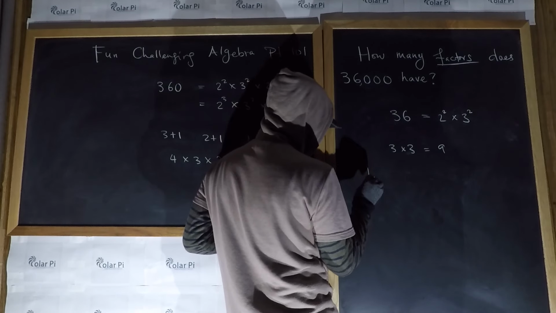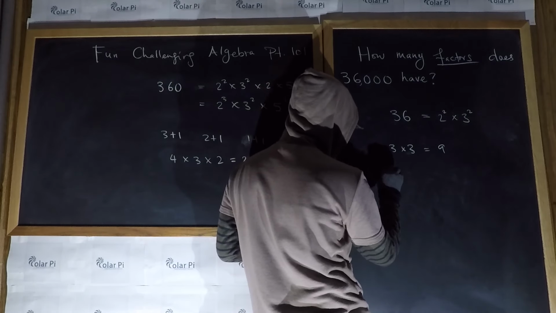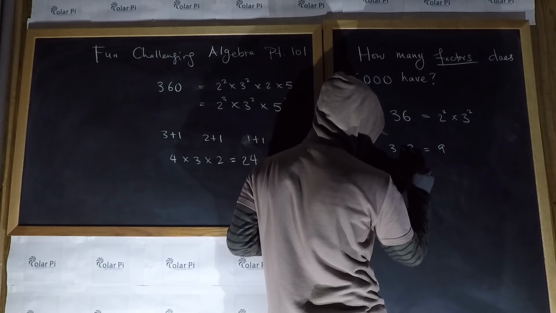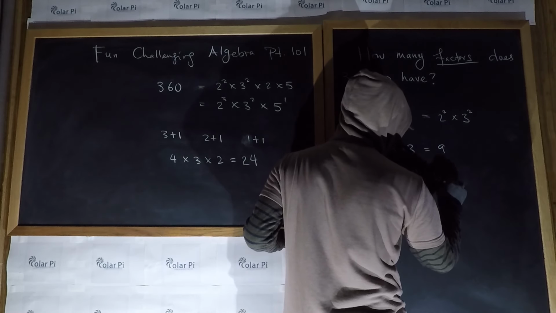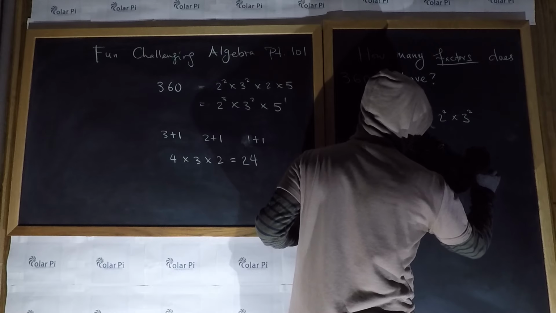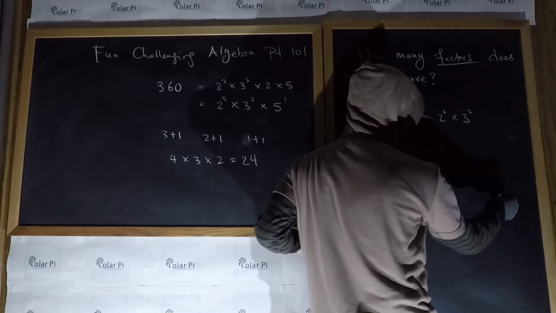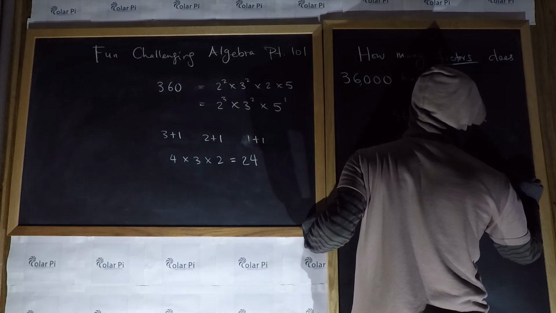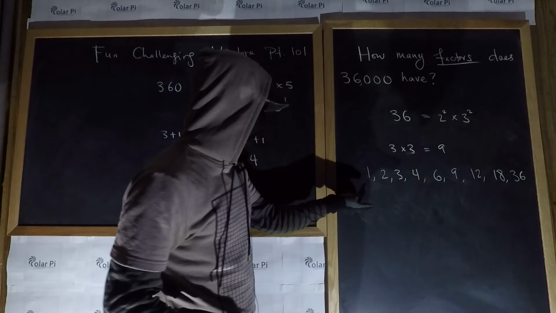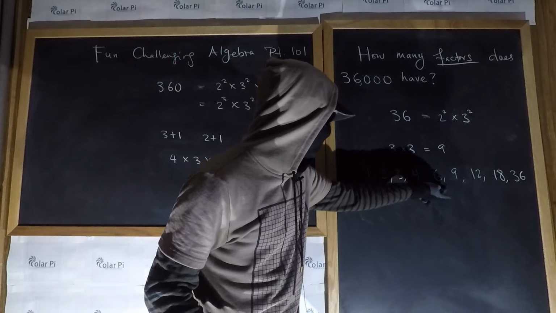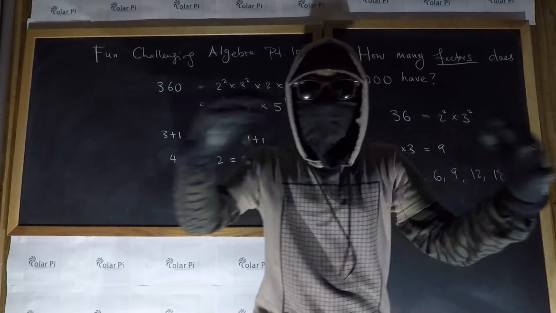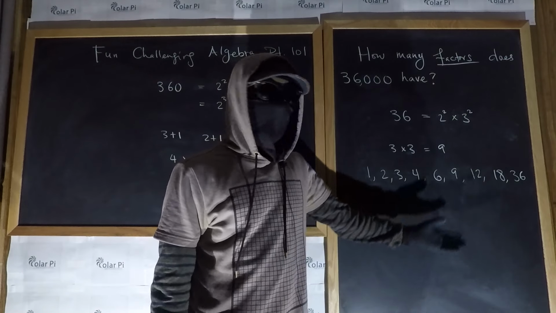We begin with 1, that's a factor of 36, and then 2, 3, 4, 6, 9, 12, 18. Once you get to half of the number, the next factor has got to be the number itself, so 36. How many is that? 1, 2, 3, 4, 5, 6, 7, 8, 9. Yes, that is 9.